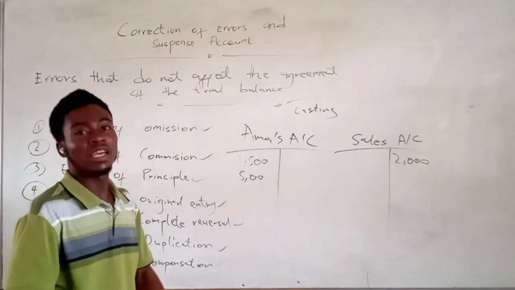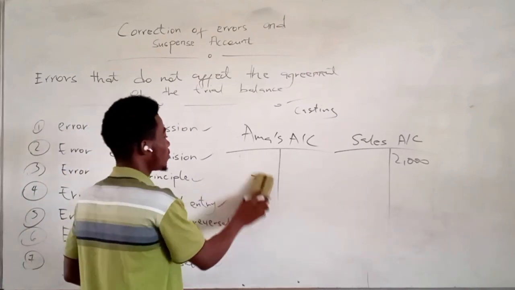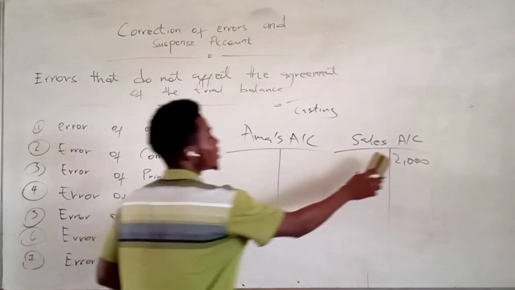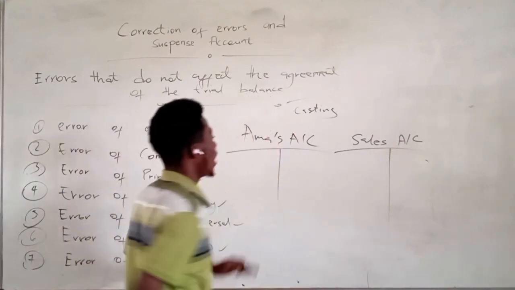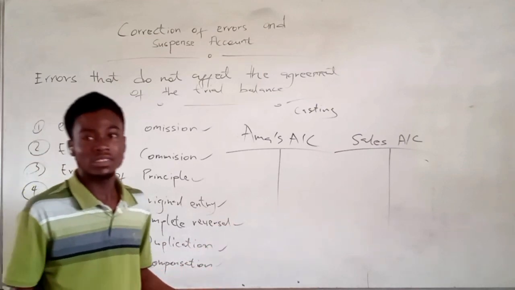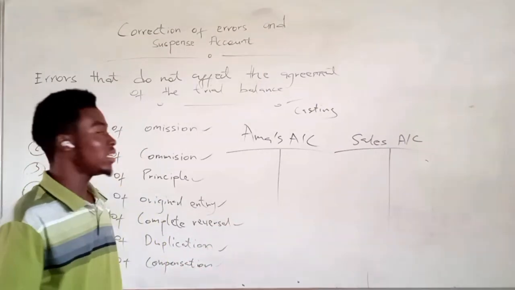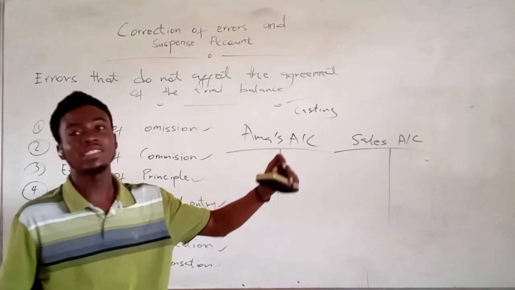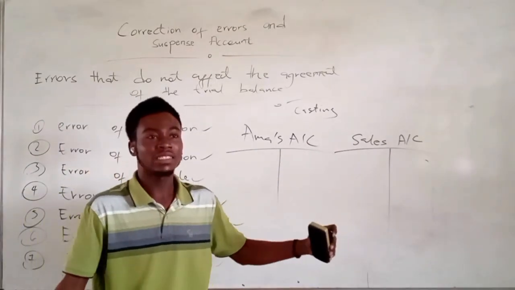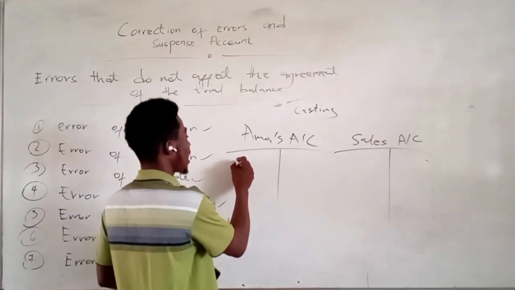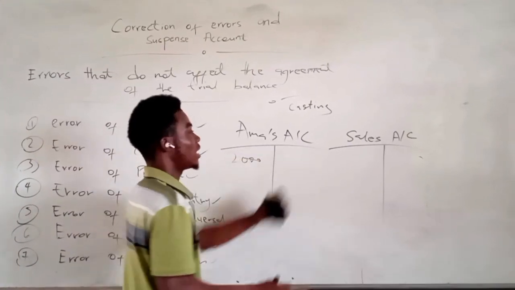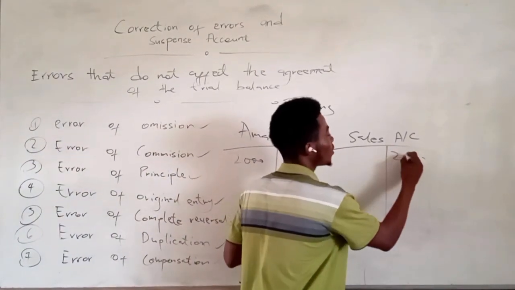Now let's go to the overcast. Let's say Amex purchased 2,000 worth on credit. So you debit Amex account and credit sales account. But we didn't do it like that. So let's say we did Amex account 2,000 and sales account was 2,500.